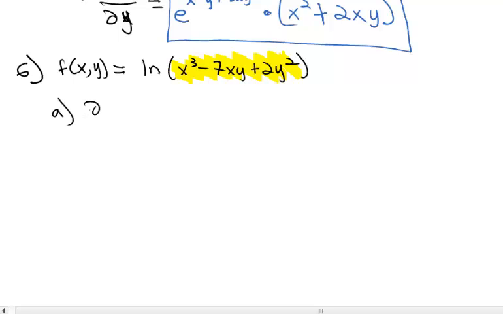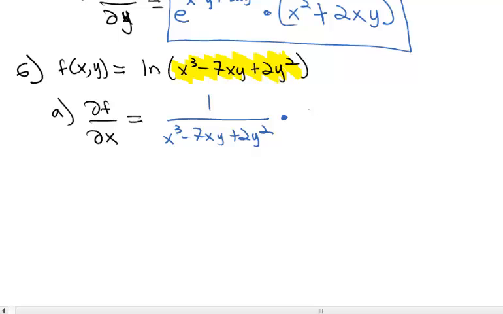First, let's take the partial derivative of f with respect to x. Well, the derivative of a natural log of guts is 1 over the guts, 1 over x cubed minus 7xy plus 2y squared. We just have to remember to multiply by the derivative of the guts with respect to x.